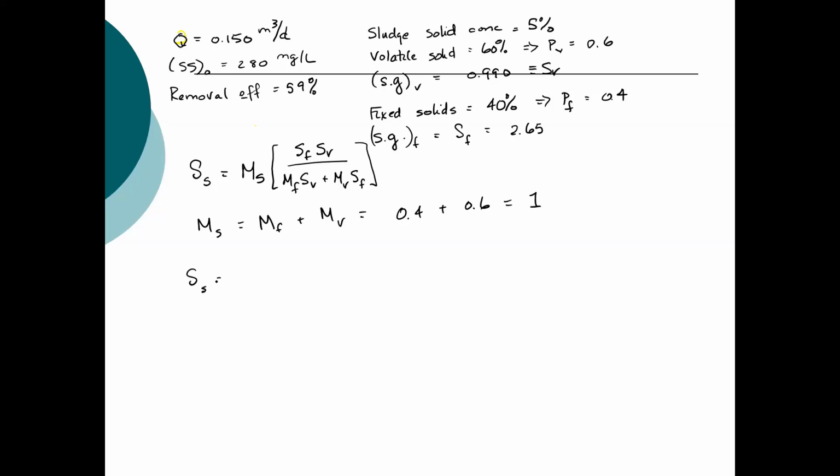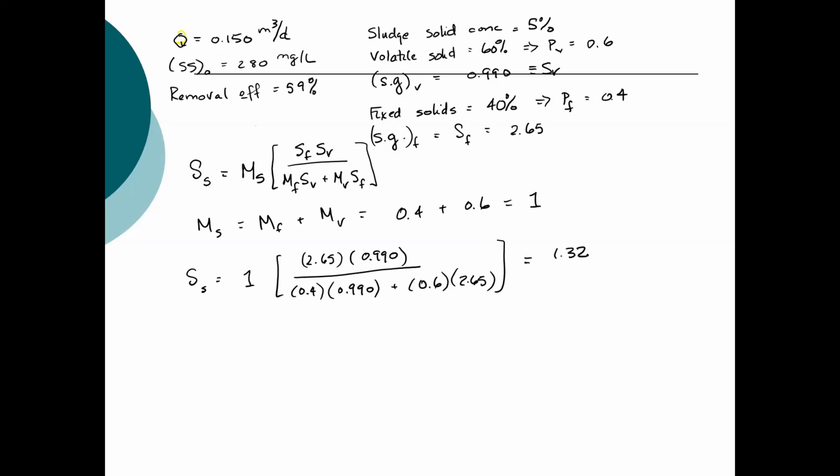So S sub S is equal to 1 times 2.65 times 0.990 divided by 0.4 times 0.990 plus 0.6 times 2.65, and that is equal to 1.32. So that's the specific gravity of our solids.